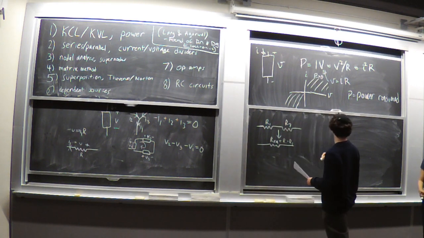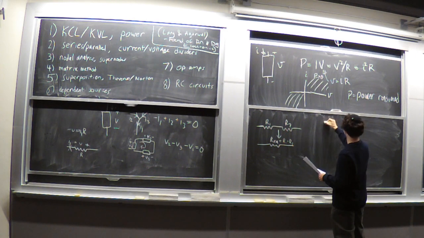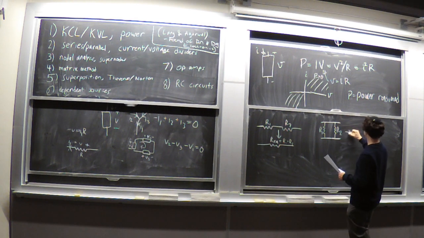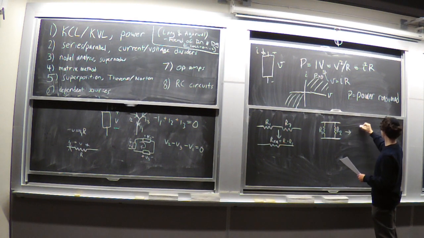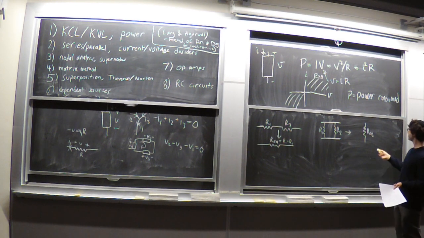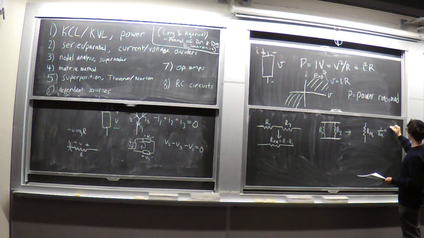And similarly, if we have two resistors in parallel, R1 and R2, then that's the same as a single resistor. Generally what we say is that 1 over R equivalent equals 1 over R1 plus 1 over R2.